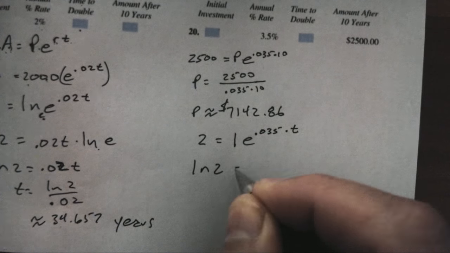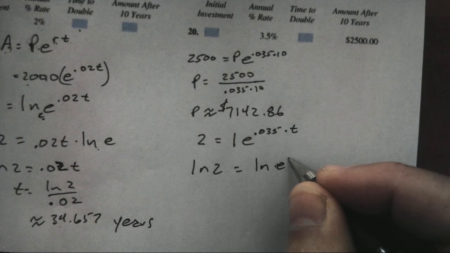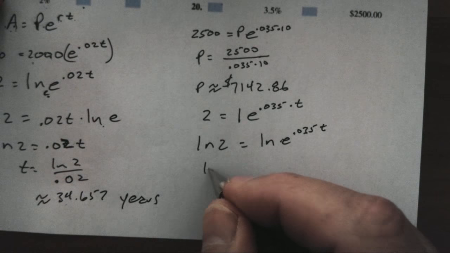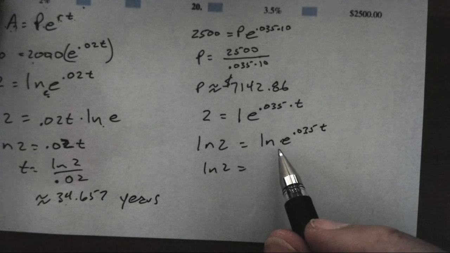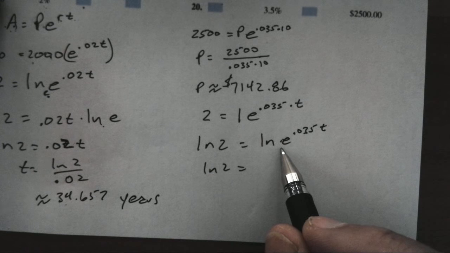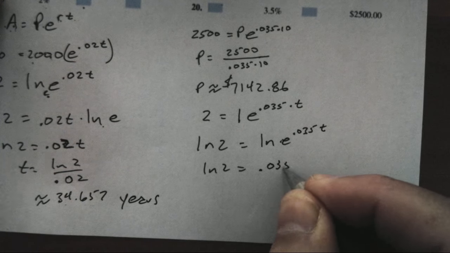ln 2 equals ln e to the 0.035t. ln 2 equals, this is the exponent that turns e into e to the 0.035t, so 0.035t.